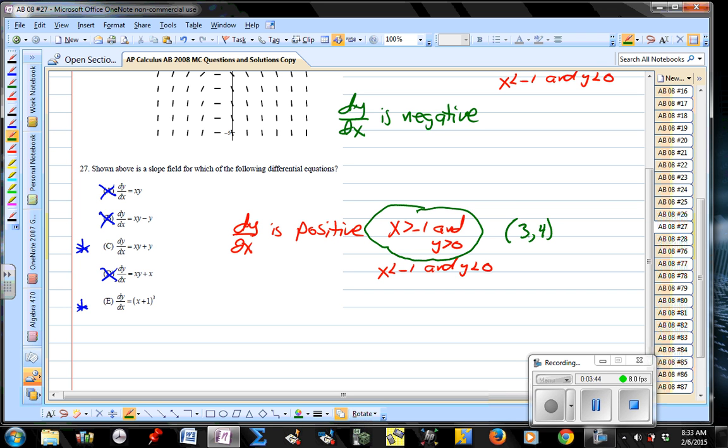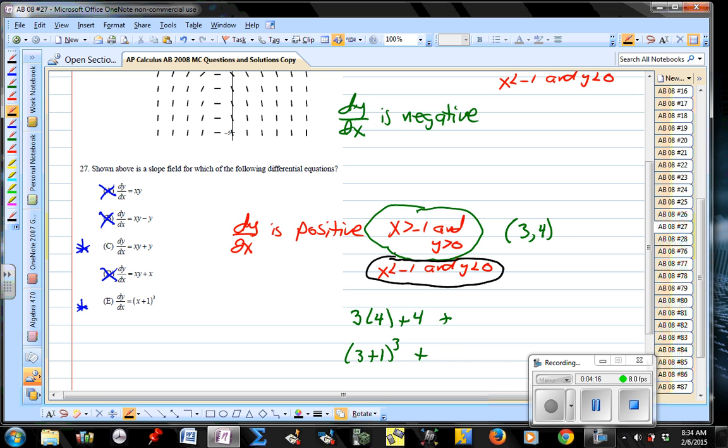Let's see if this makes the conditions true for part C. Is our slope going to be positive if x is 3 and y is 4? 3 times 4 plus 4 is positive. This is true. Now let's check part E. If x is 3, is 3 plus 1 cubed going to be positive? Yep, that's true also.